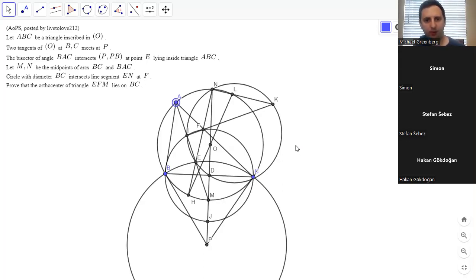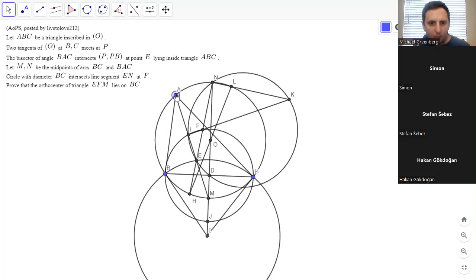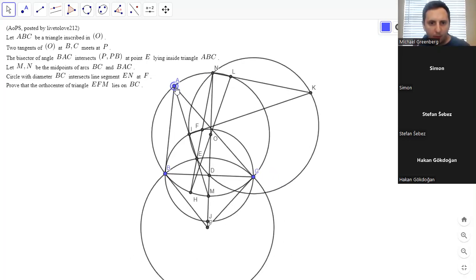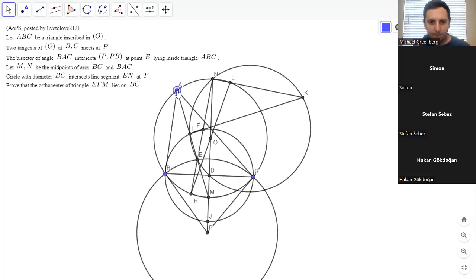This is so tricky. I need to use something about E. Yeah, there's a lot of information that we just haven't used.